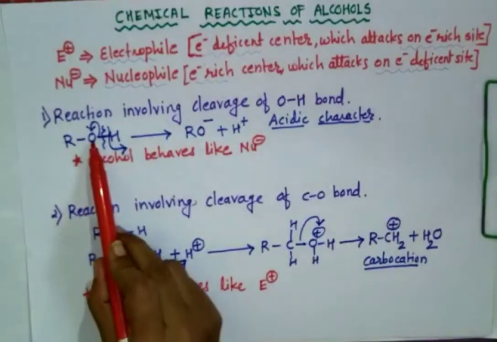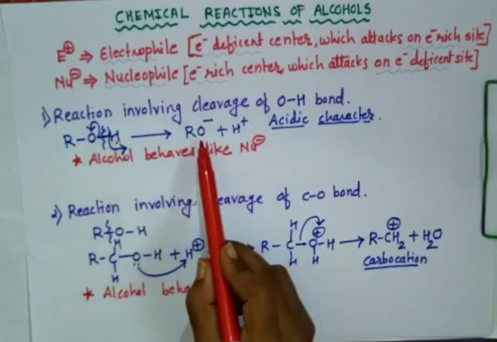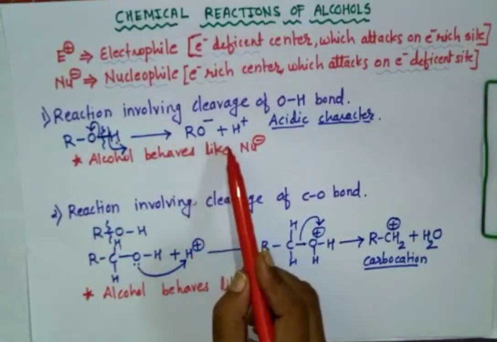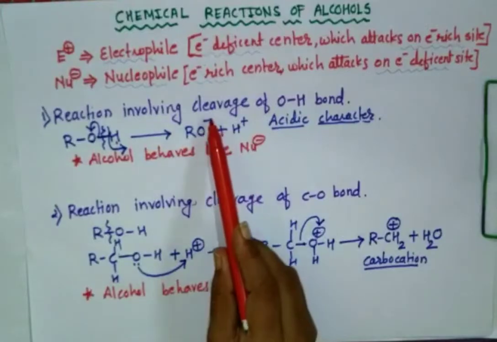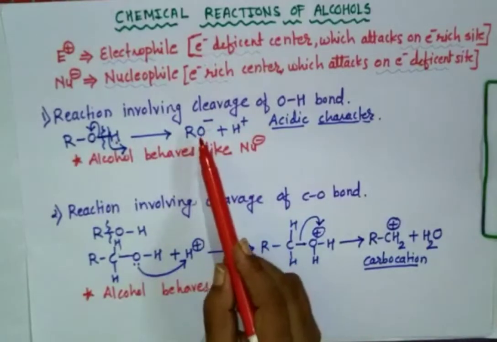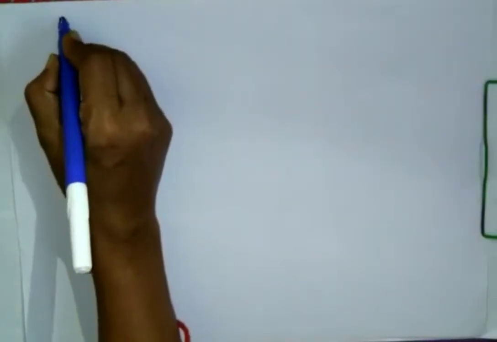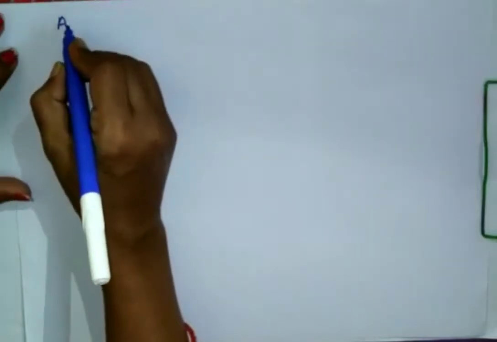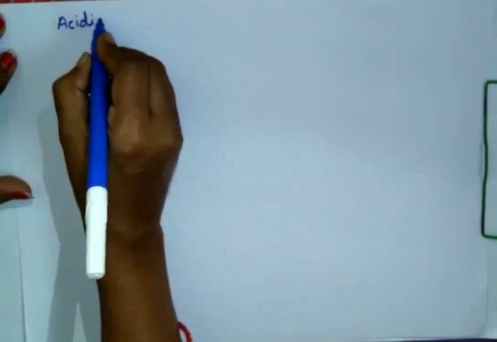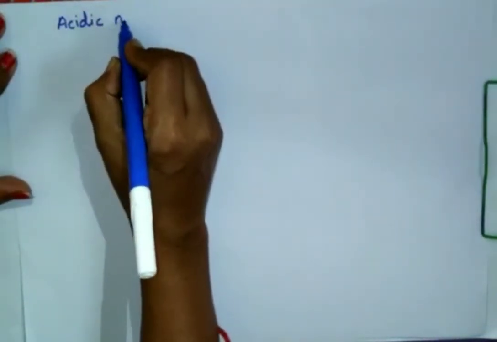When there is a breaking of the oxygen-hydrogen bond, the alcohol behaves as a nucleophile, because it has a minus charge, that is, an electron rich center, but here the alcohol will have an electron deficient center. First we are going to see now about the acidic nature of this alcohol.